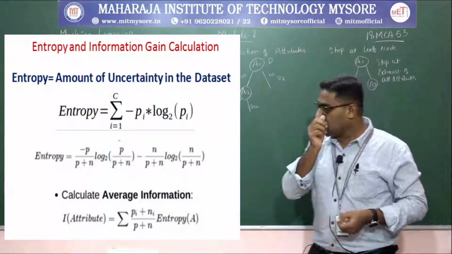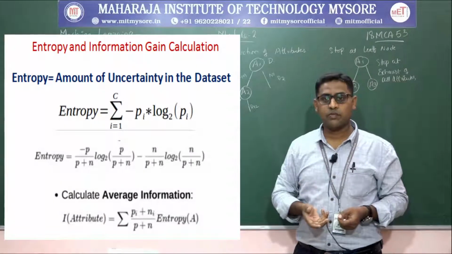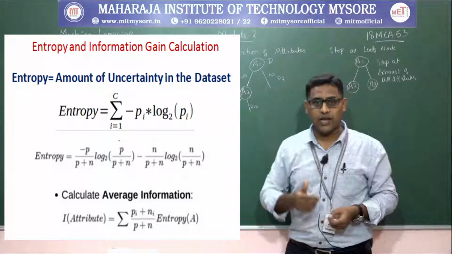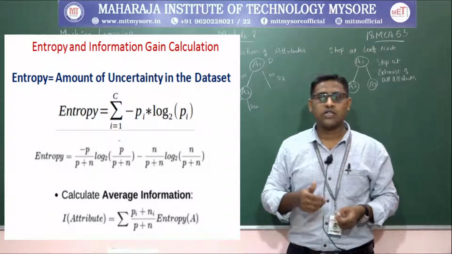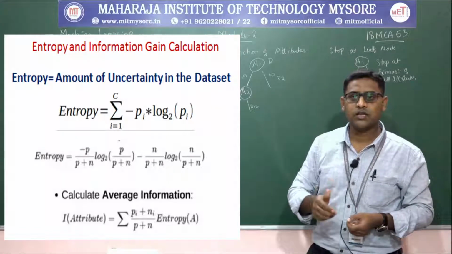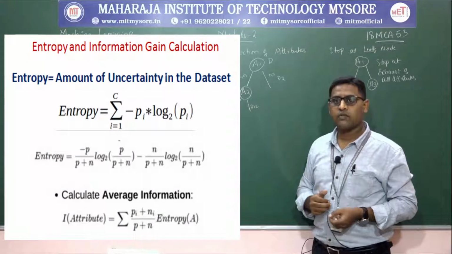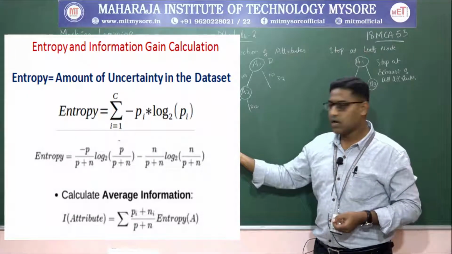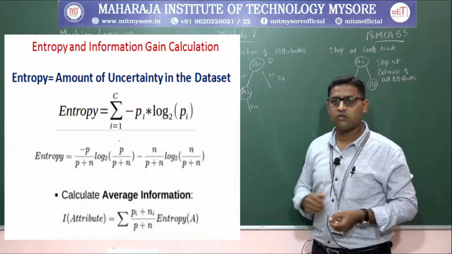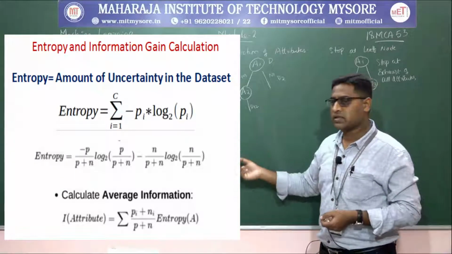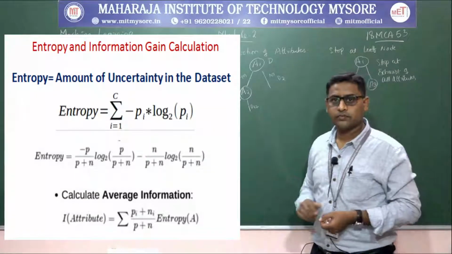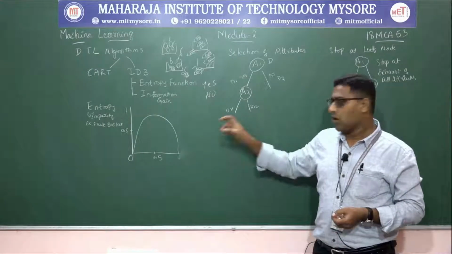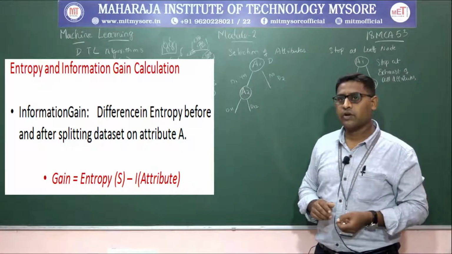Now we need to calculate the average information. After calculating entropy, we calculate the average information using the formula for the information of an attribute: the summation of pi plus ni by p plus n times the entropy of attribute A. Now you need to compute the information gain.